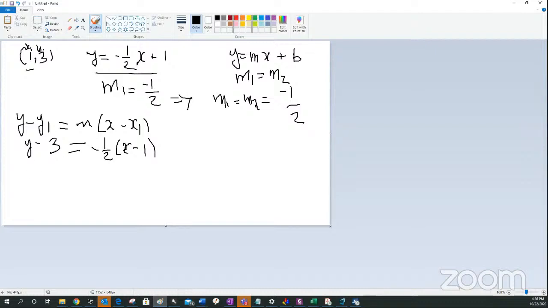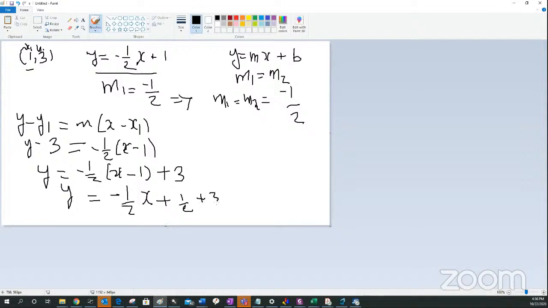So now we're going to put negative 3 on each side, so you have y equal to negative 1 over 2 times (x minus 1), then plus 3. That gives us y equal to negative 1 over 2 x plus 1 over 2, plus 3.